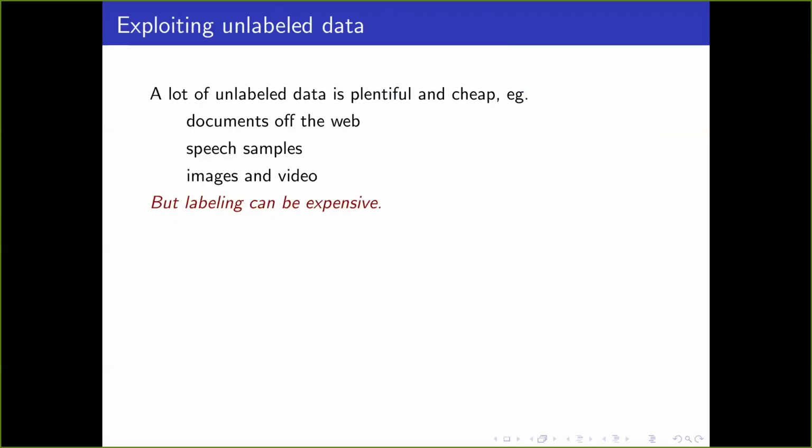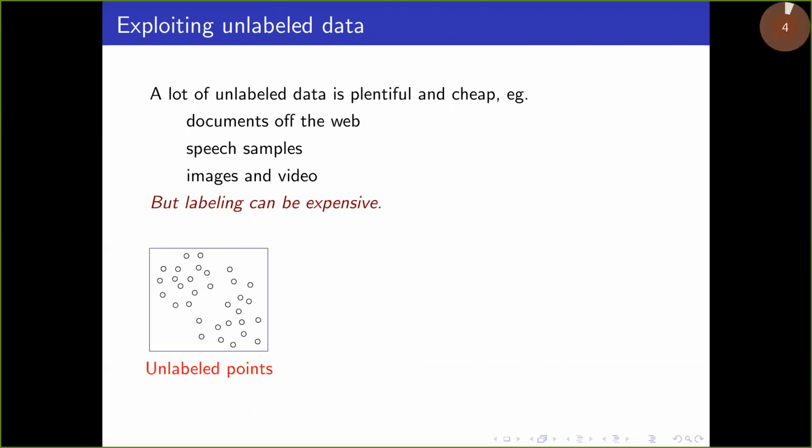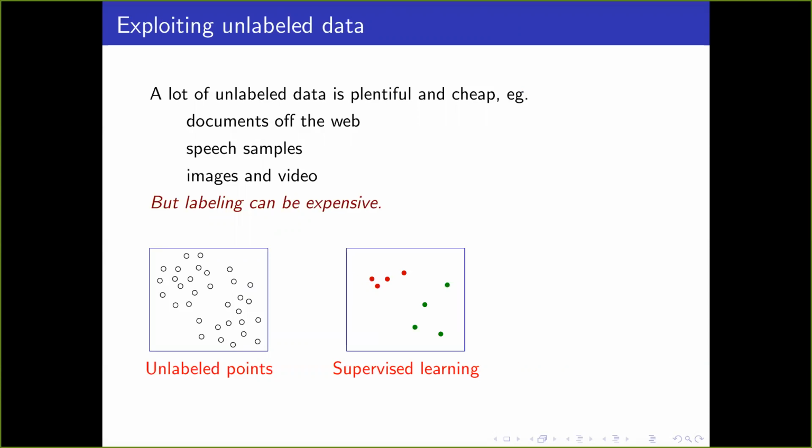Okay, so you want to use your unlabeled data somehow in order to improve your performance. You have some unlabeled points. Some people just try to do straight up unsupervised learning. That's very difficult to make work in a useful way. Occasionally it can be useful. You can do supervised learning, where you pick a random subset and you label them.